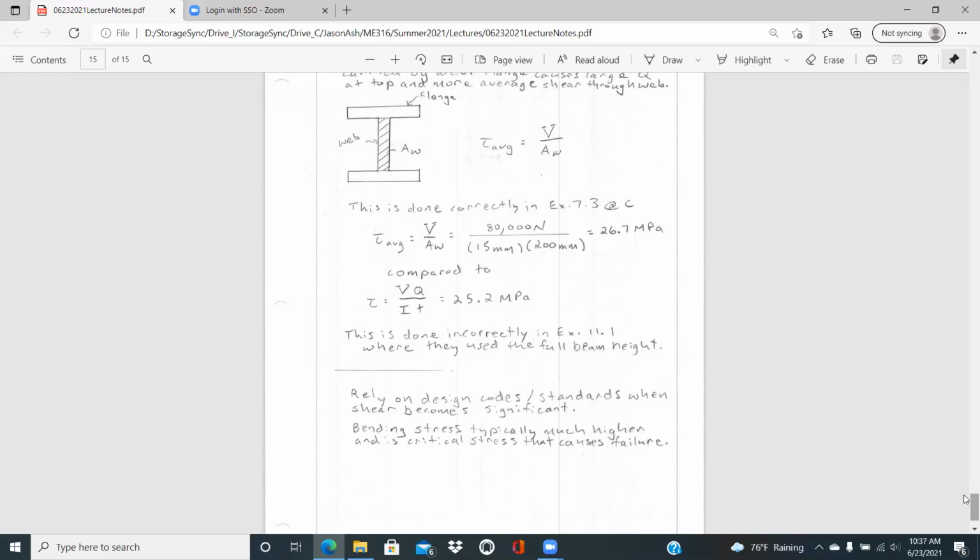We don't even take into account the shear force contribution to the displacement. We just look at purely the bending alone. And then you have to move on to energy methods to look at the contribution of deflection from the shear component.